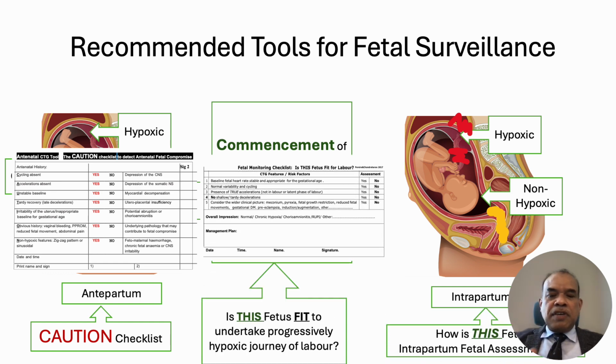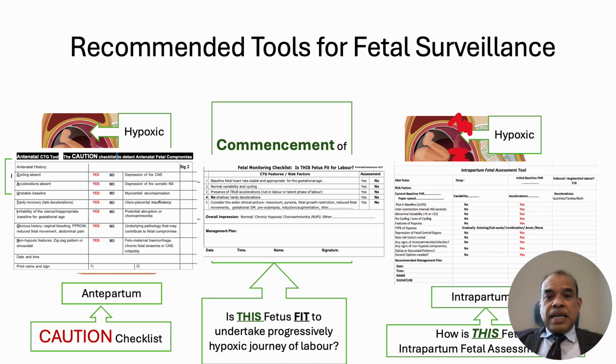And finally, once we deem that the fetus is fit for labor, every time when we look at the CTG, we need to understand and ask the question, how is this fetus, by using the Intrapartum Fetal Assessment Tool.